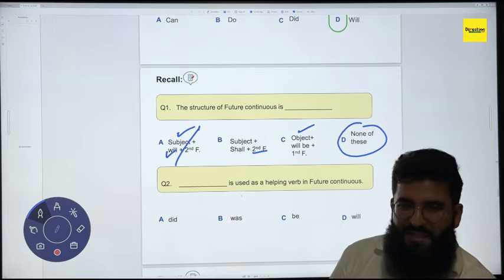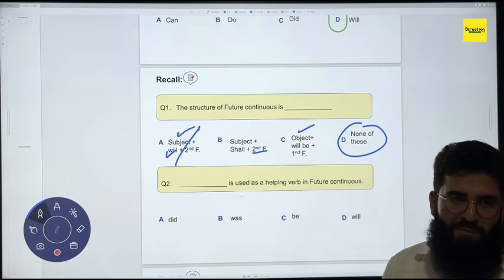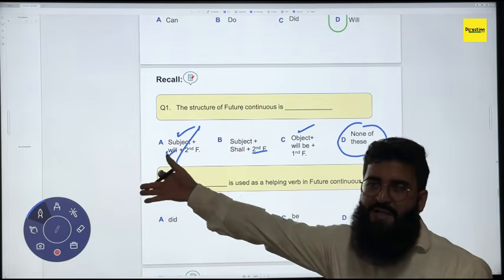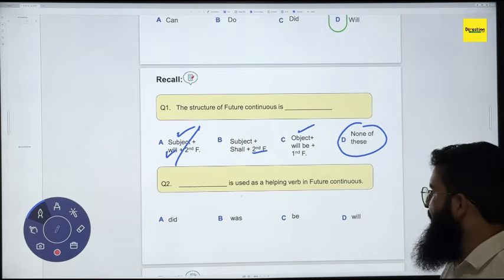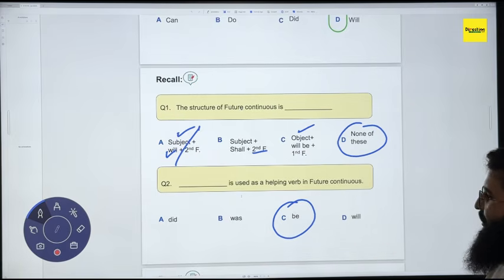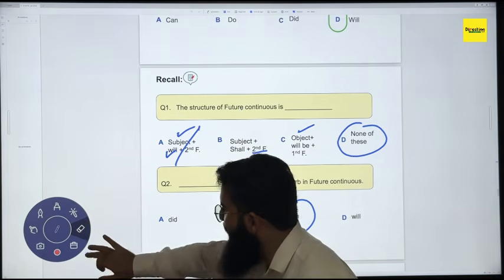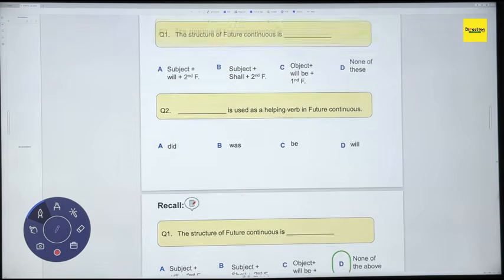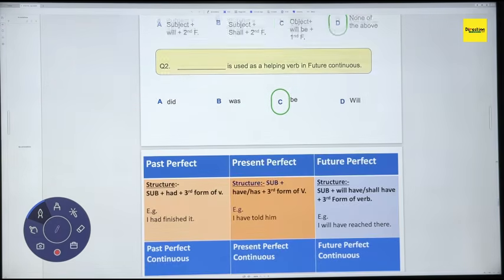But for some things there is no shortcut. There is no shortcut to helping verbs. You have to remember the helping verb of past continuous, present continuous, future continuous, and that's it. Okay, the answer is B, was the helping verb for this one, and this was the full structure of the tenses. If this is clear to you, this was the answer.